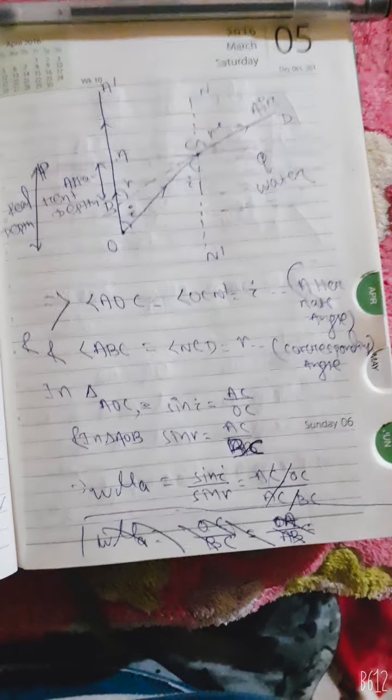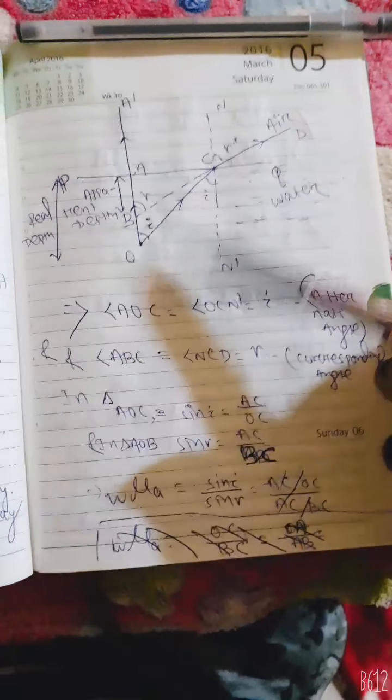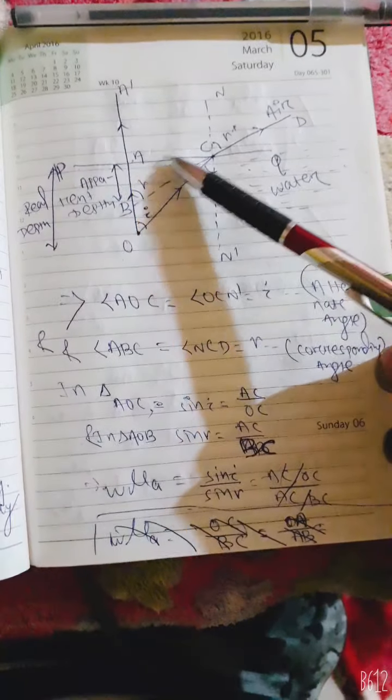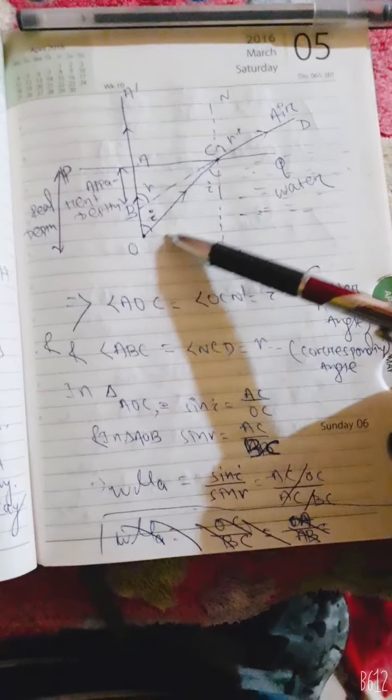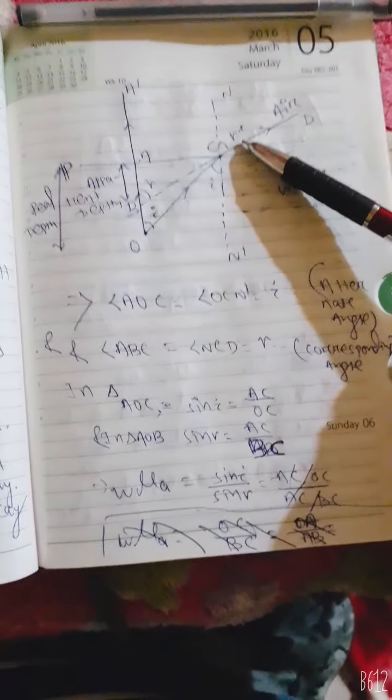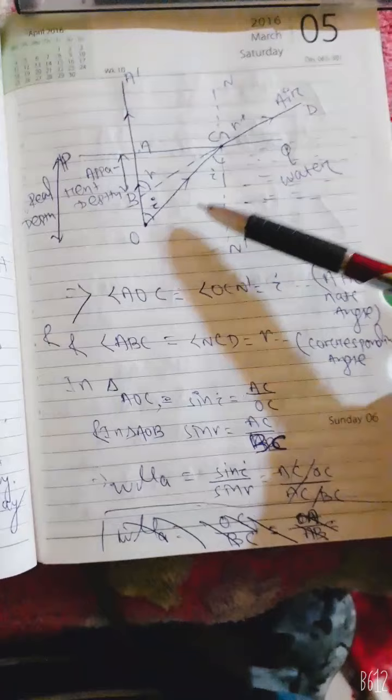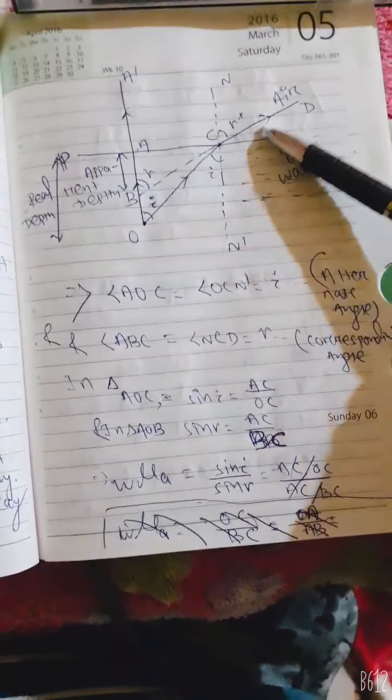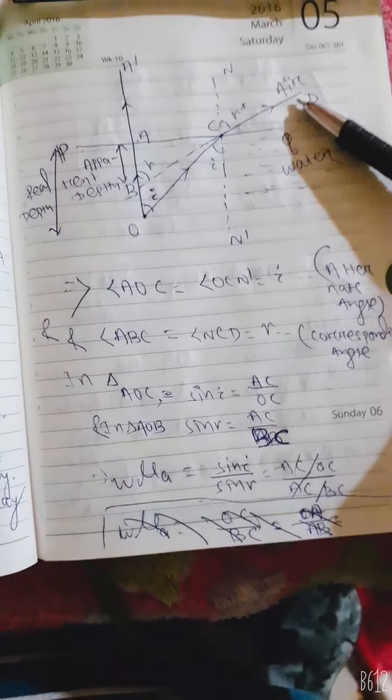Let me show you how the refractive index is related to the real depth and apparent depth. Let us learn. Here you can see this BOC. OC is the incident ray from the denser medium to the rarer medium, and the refracted ray is CD.